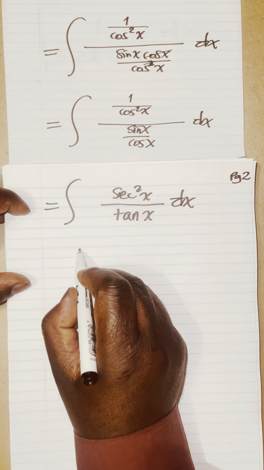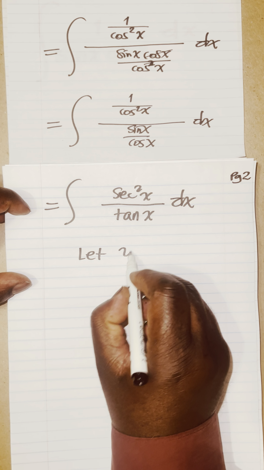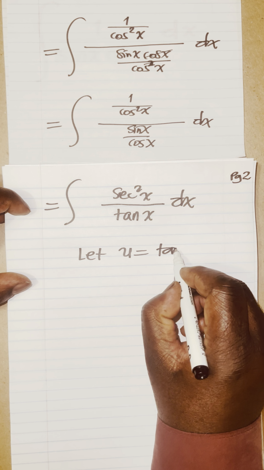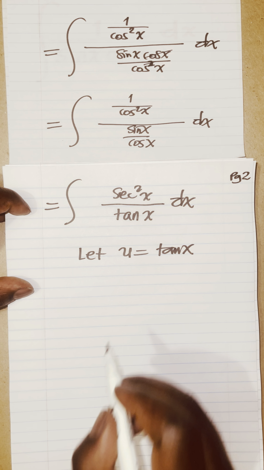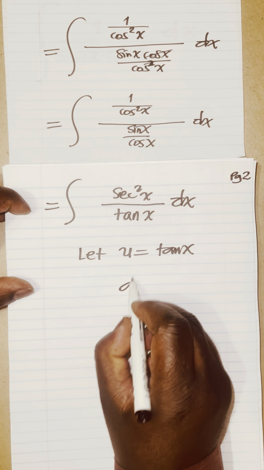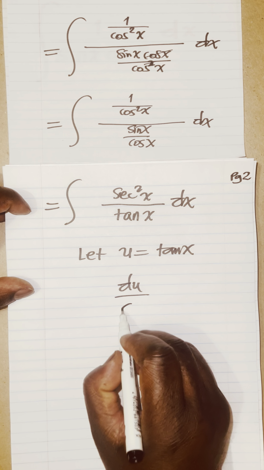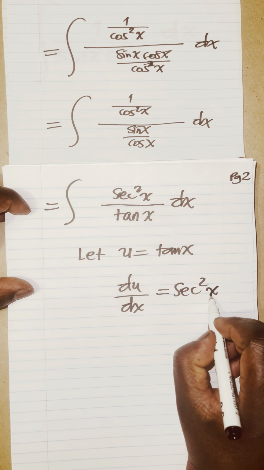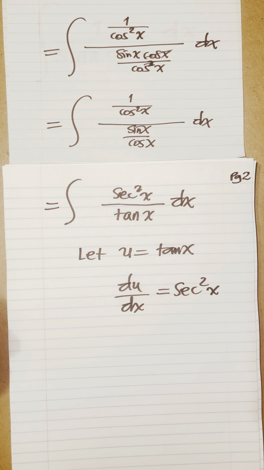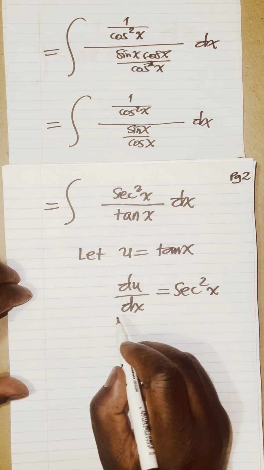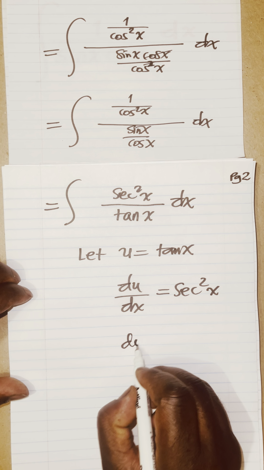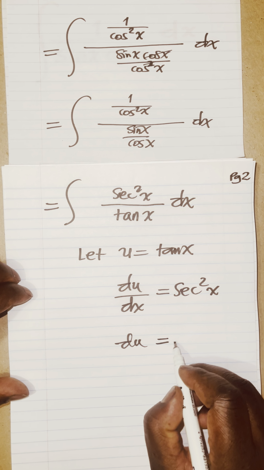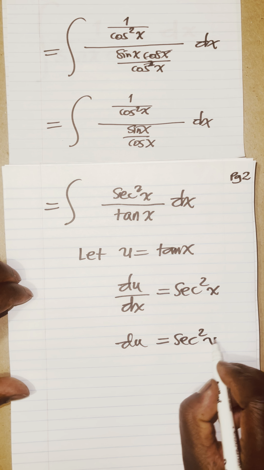As you can see, we're now going to let u be equal to tan x. And obviously you should recall that du dx is actually equal to sec squared of x. Derivative of tangent of x with respect to x must be sec squared x. And multiply by dx both sides. du is equal to sec squared x dx.